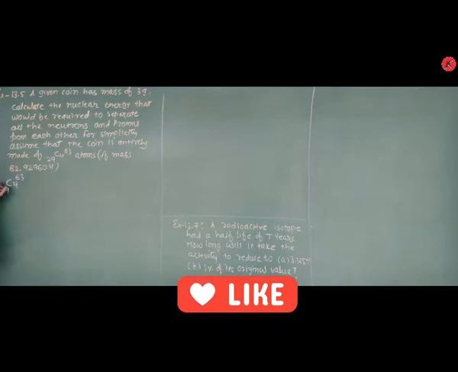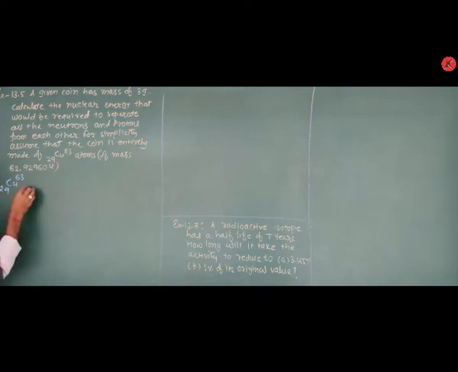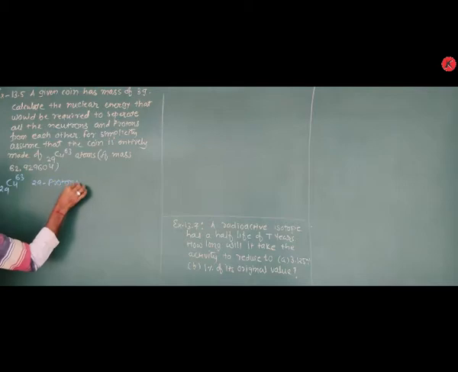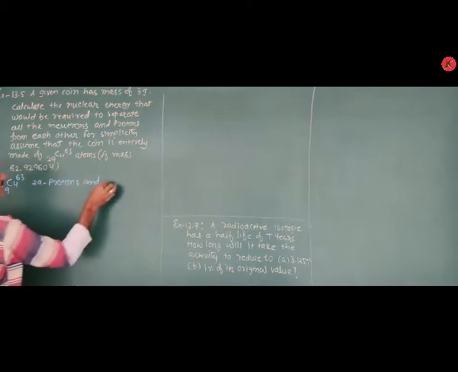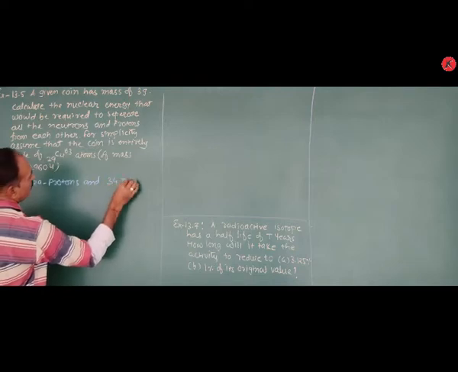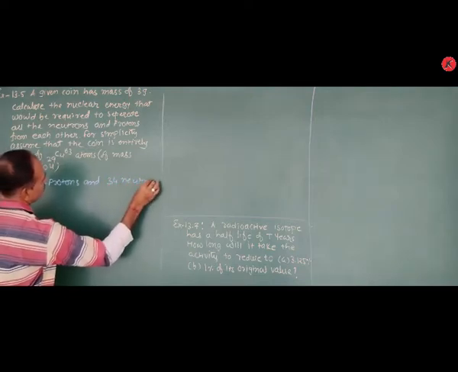Okay. For that purpose, first we take the copper: in copper-63 with atomic number 29, there are 29 protons, and 63 minus 29, that means 34 neutrons are present.